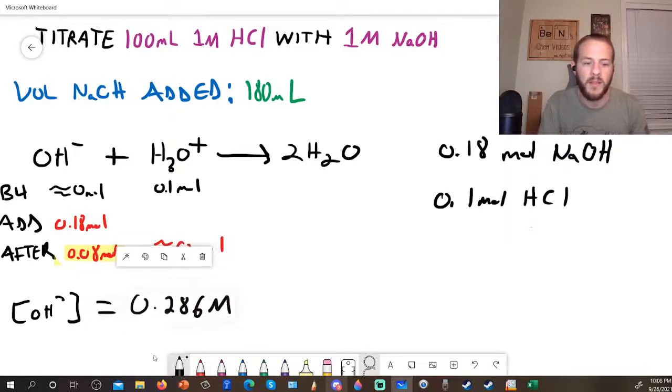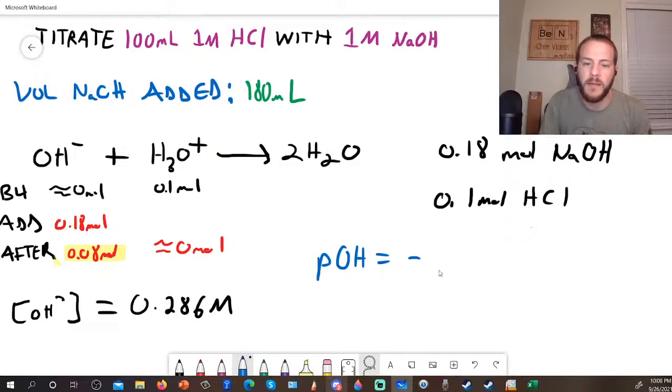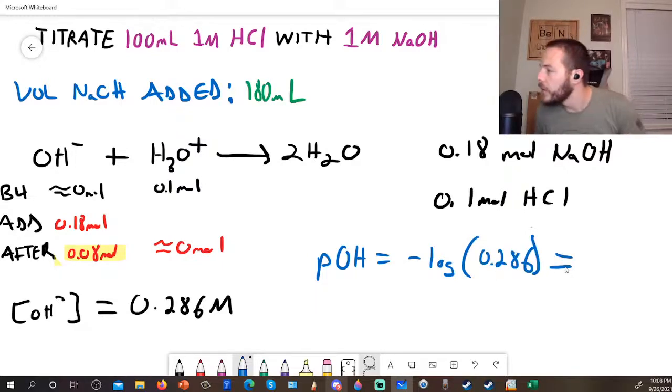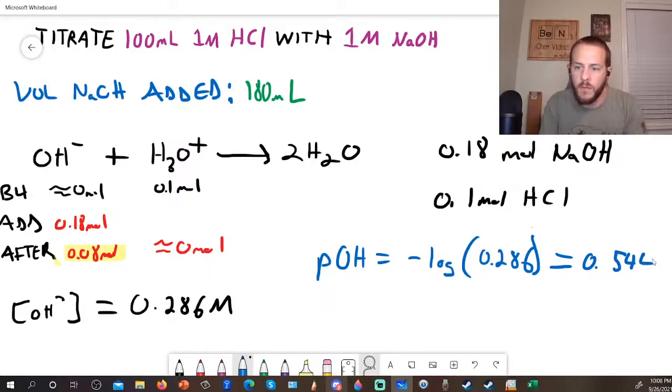All right, so that's our concentration of hydroxide. We can calculate pOH from that by taking the negative log of the concentration of OH, which is 0.286. So the pOH ends up being, let's see, negative logarithm of 0.286, which is 0.544.